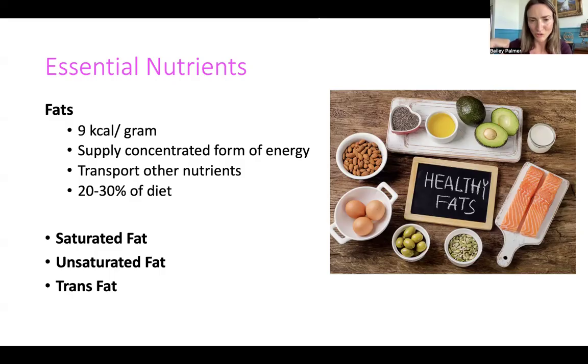They may occur naturally in some animal products. Saturated fats are considered to be solid at room temperature, where we can actually see the visible fat, usually on animal foods. Unsaturated fats are usually liquid at room temperature, like the oils in nuts, avocados, salmon, plants, whatever.